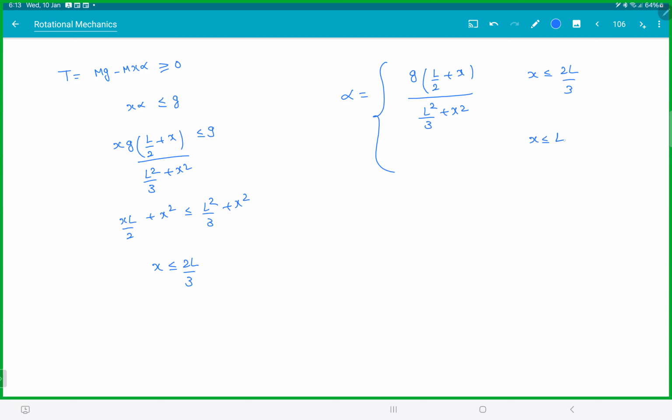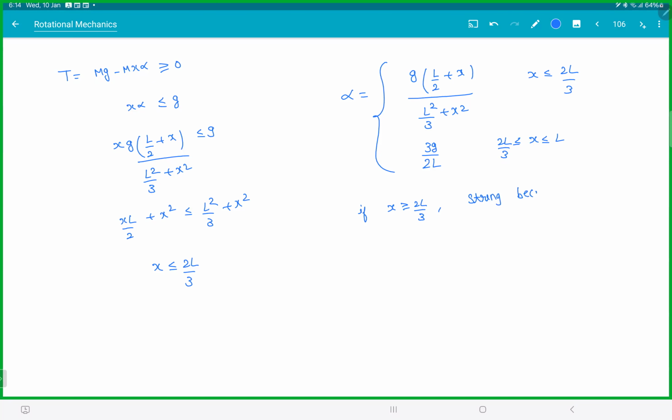And for x between 2L by 3 and L, you get a pretty interesting answer actually. If I just substitute x equal to 2L by 3, I end up with 3g by 12. You get a constant acceleration, because once x becomes greater than 2L by 3, the string becomes loose.